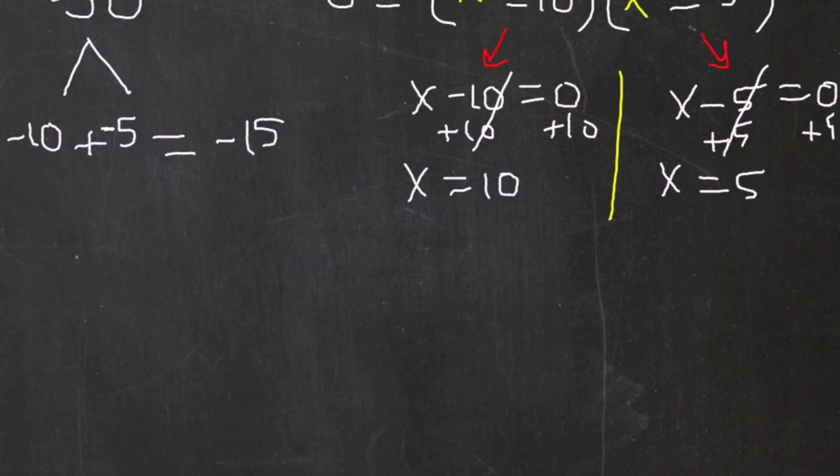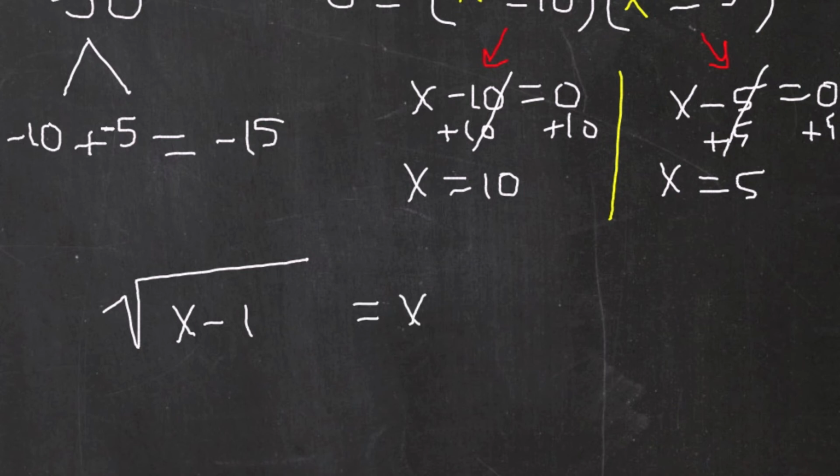Now you always want to check your answers when dealing with radical equations. So we're going to rewrite our original equation, which was the square root of x minus 1 equals x minus 7, and replace all my x's with a 10 and with a 5.